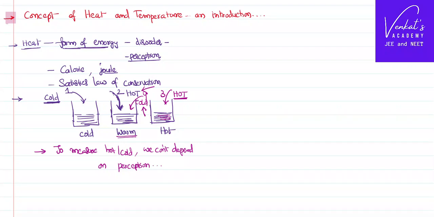Say there is molten iron ore at a high temperature. You can't afford to keep your fingers in it and say whether it is hot or cold. Next time we may not even have fingers. Therefore, perception is not the right way to understand how hot the body is or how cold the body is.